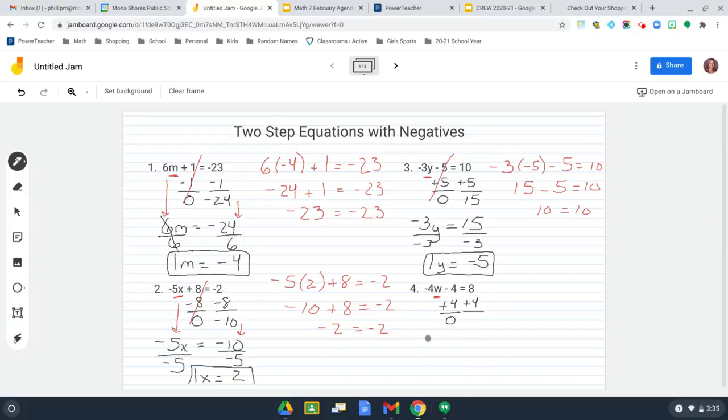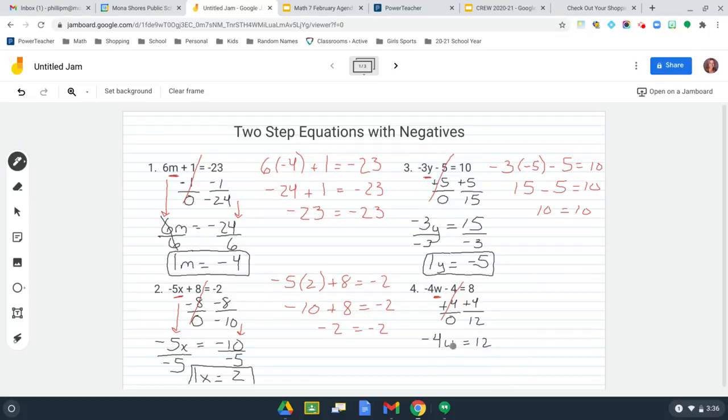Negative 4 plus 4 is 0. 8 plus 4 is 12. Crossing this one out because it's now gone. And I'm going to bring down what's left. Negative 4w equals 12.